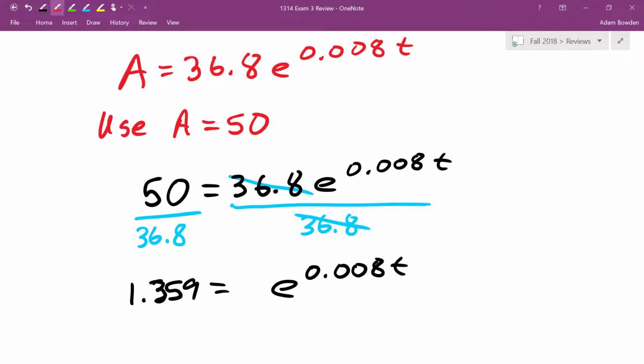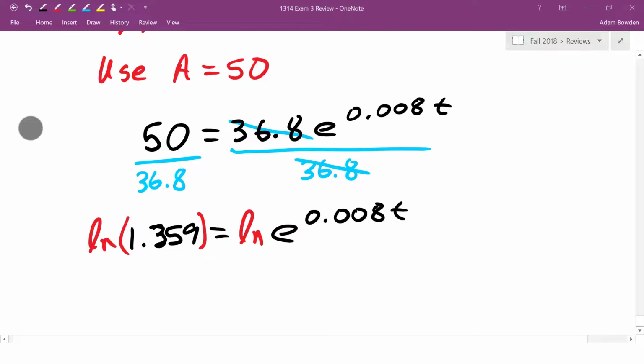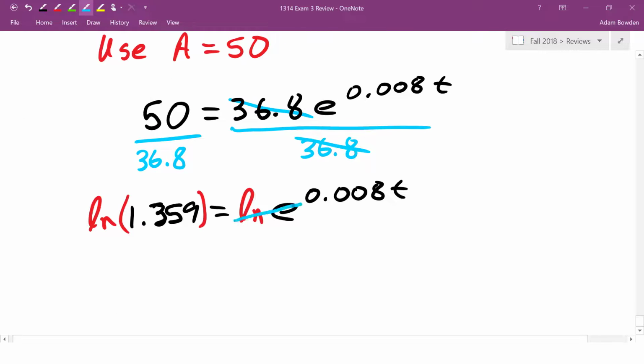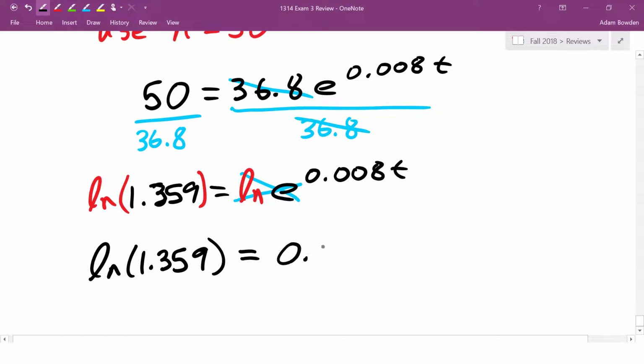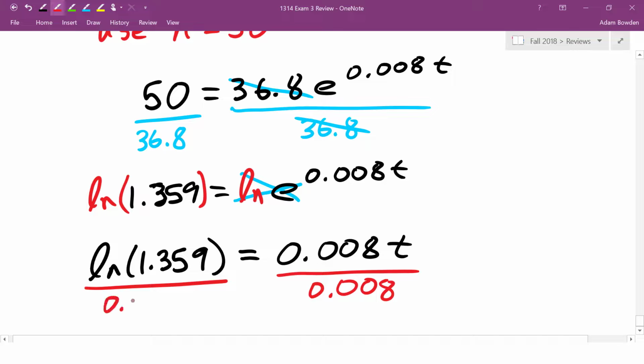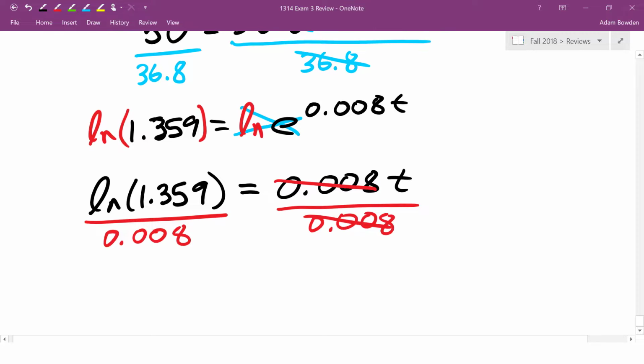Now since that has an e, what we do to get rid of the e is we take the natural log of both sides. The natural log and e always cancel out with each other. So what we're going to have here is ln 1.359 equals 0.008t. We can now divide out the number to both sides to solve for t.